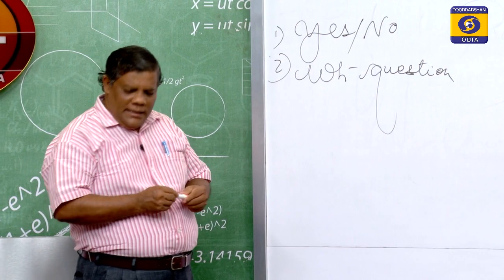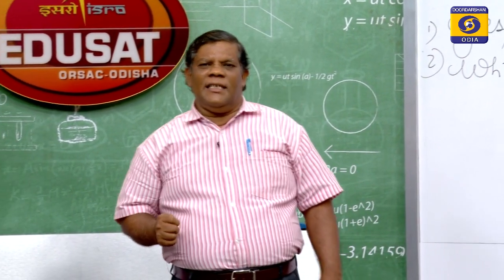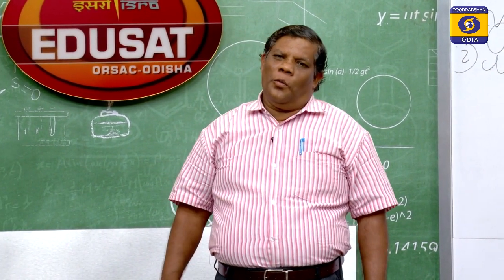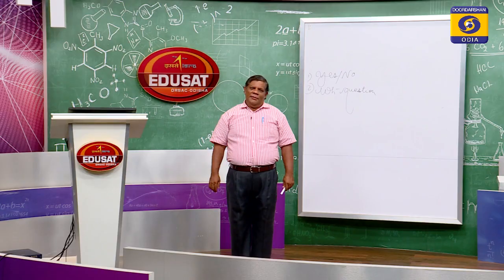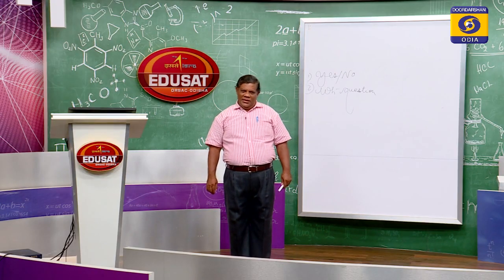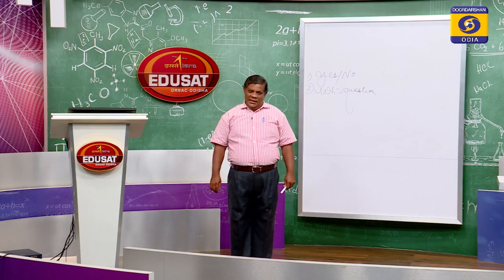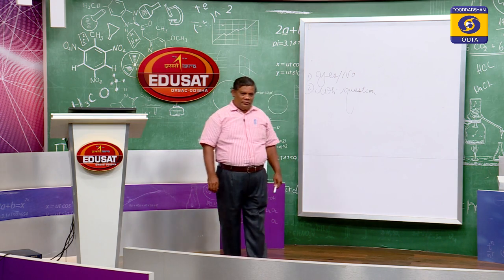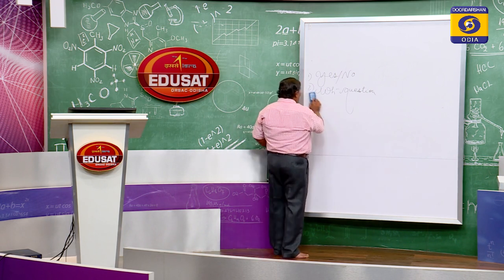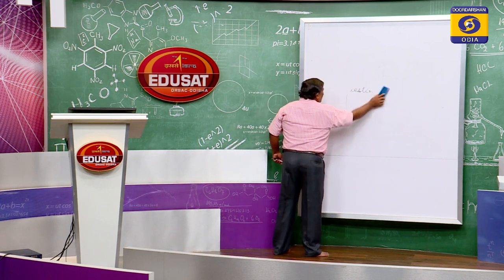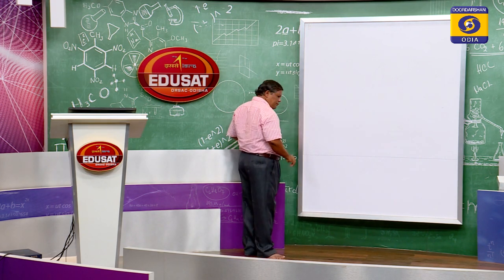Yes no question means sentences to which the answer is either yes or no. If you ask such a question, this is called a yes no question sentence. And now take a sentence of yes no question and see how it is transformed.